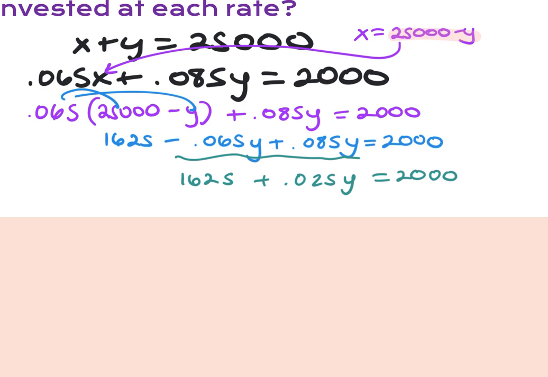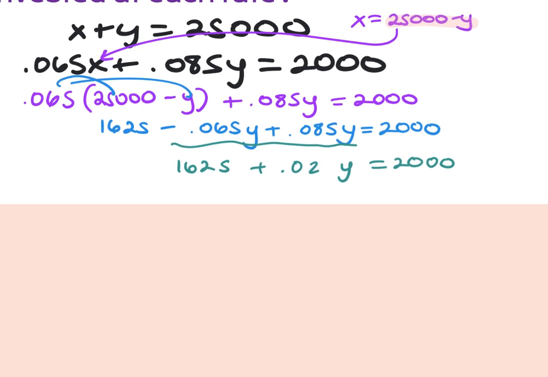I don't know why I put the 5 there. That's not there. It's just 0.02. And then I'm going to subtract the 1625. $375. And then I'm going to divide.